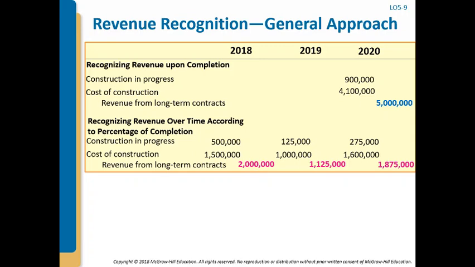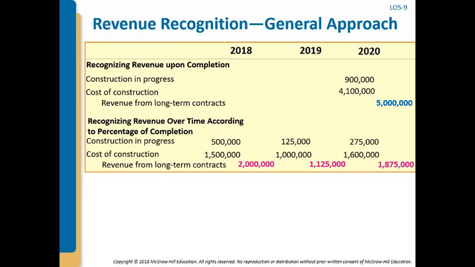And what they're looking to show you here is if for some reason you could not recognize revenue over time, you have to recognize it at the end of the contract. Well, that first, the top entry illustrates that point.